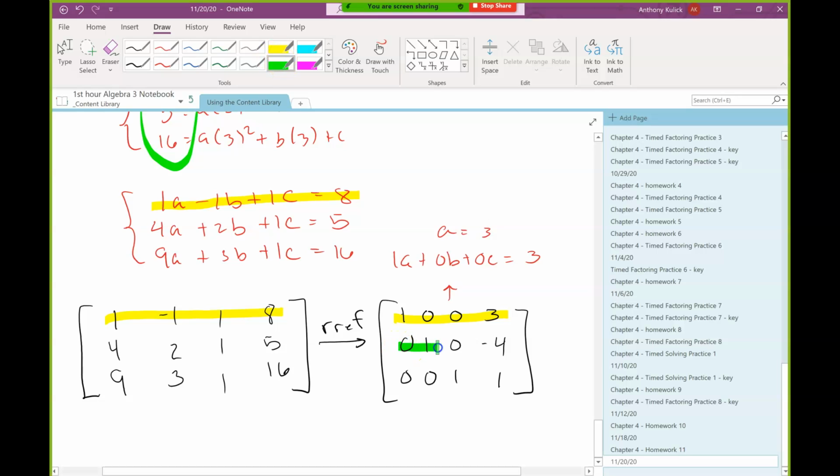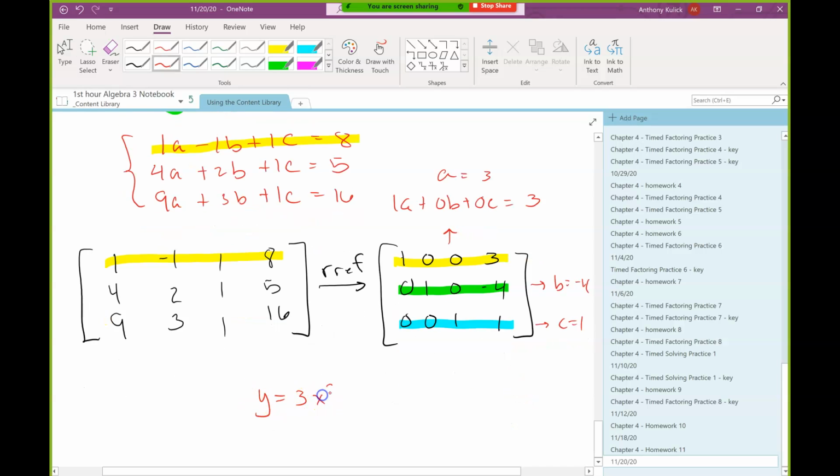If we do the same thing for this row, that's 0a plus 1b plus 0c is equal to negative 4, or just that b is equal to negative 4. And if we look at the last row, it says 0a plus 0b plus 1c is equal to 1, or just c is equal to 1.